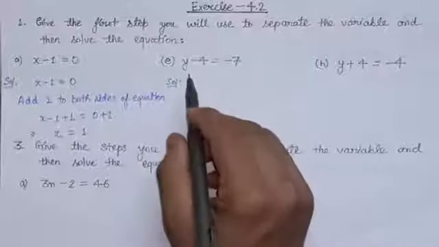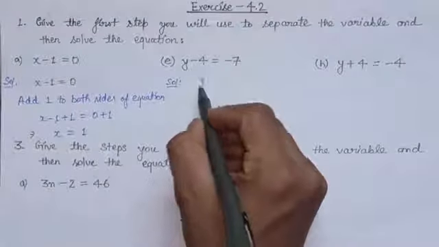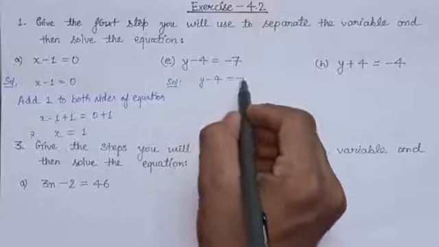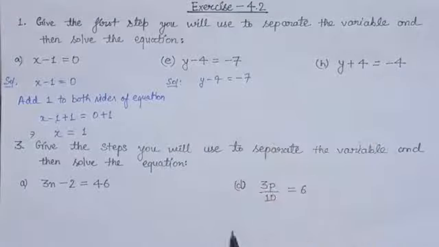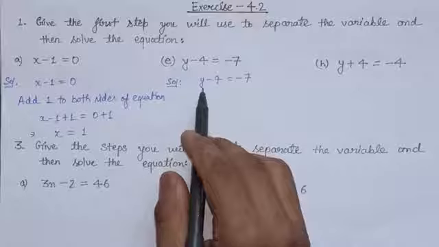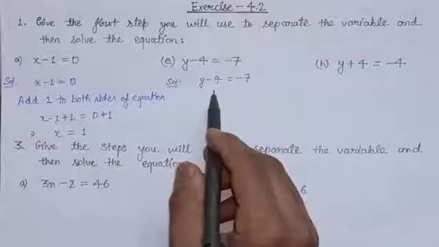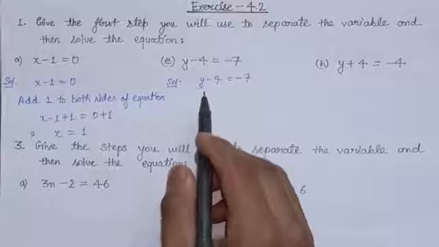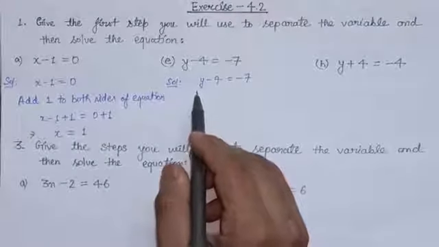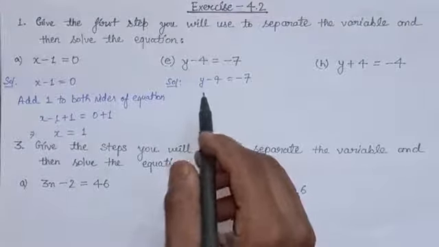In this part you can see that we are given y minus 4 equals minus 7. Now students, you know that if we add 4 to both sides of this equation, then on the left hand side, or LHS, we have only y, the variable.